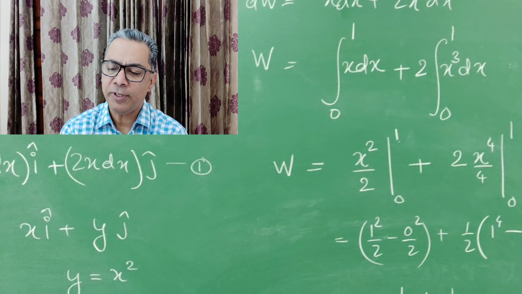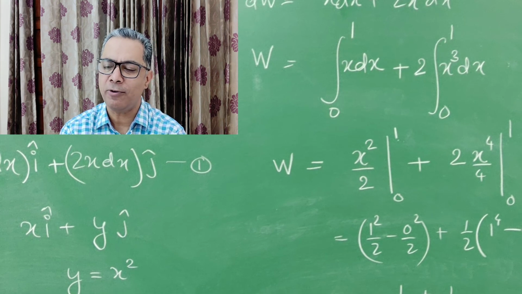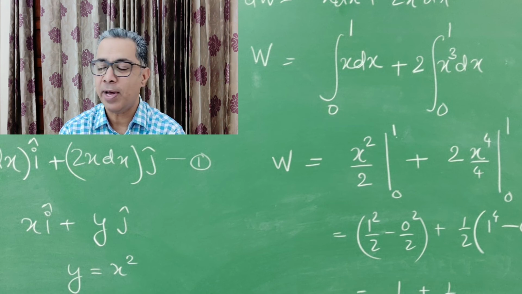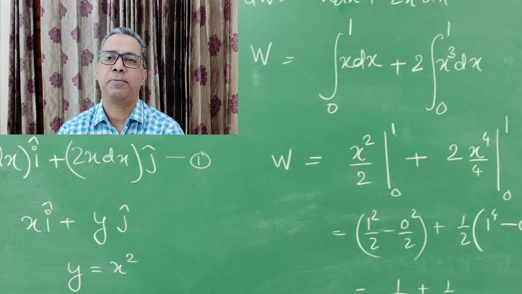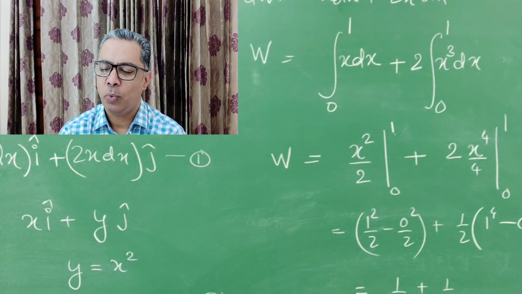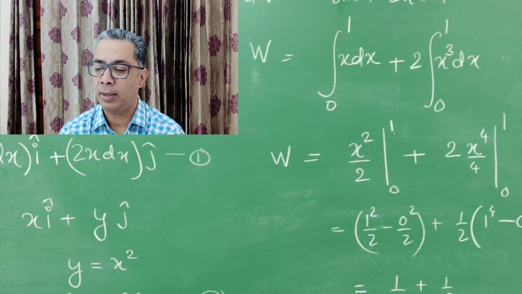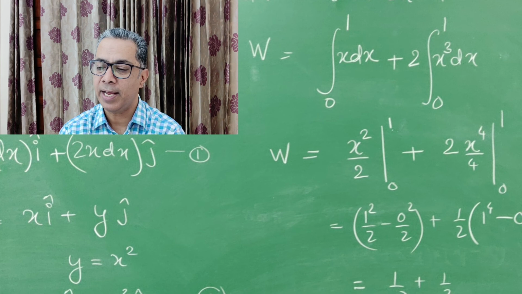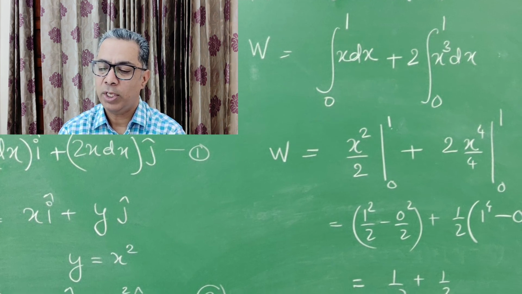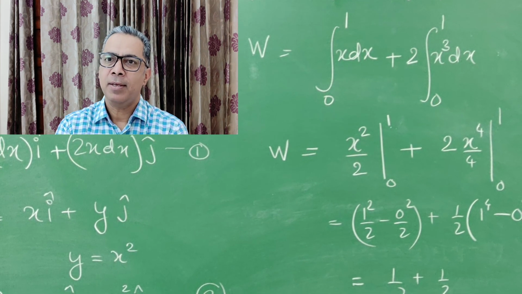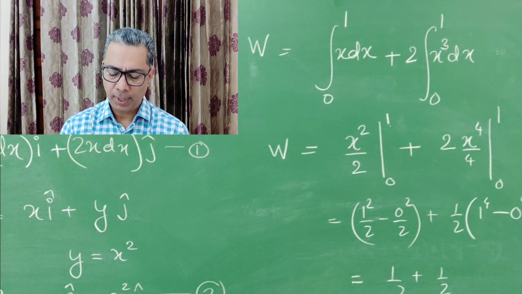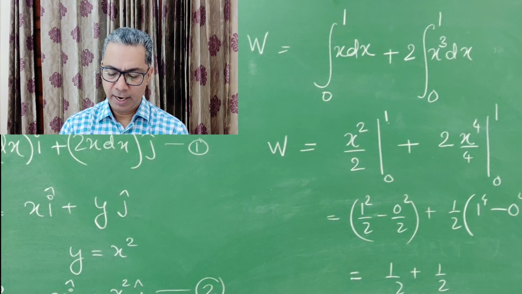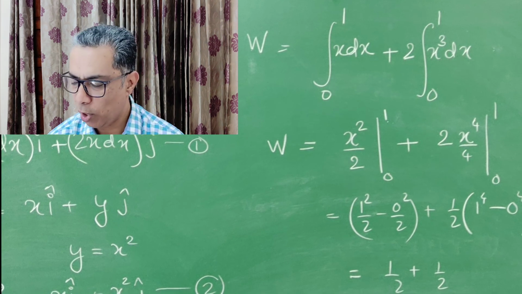This integral gives us x squared by 2 from 0 to 1 plus 2x to the power 4 by 4 from 0 to 1, and on substituting the limits we end up with the amount of work that gets done here, which is 1 joule. So you can substitute these limits and end up calculating the work.